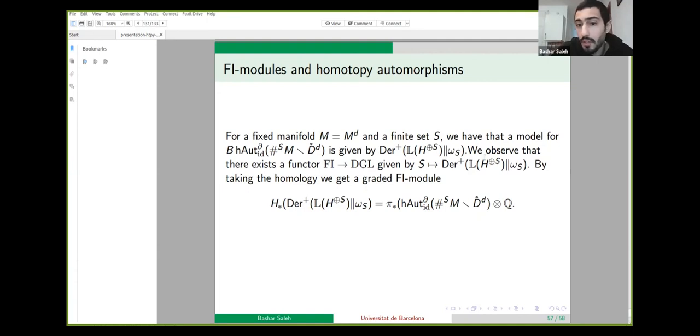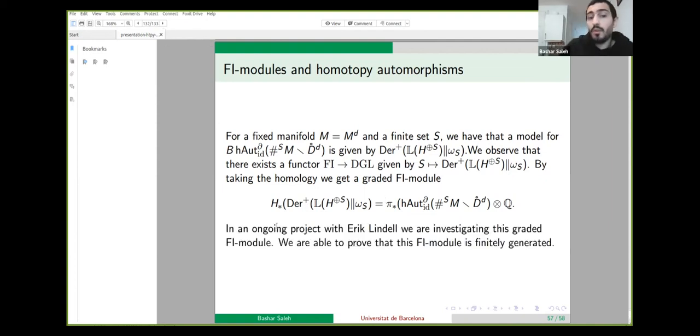This is now an FI-DG Lie algebra. Then taking the homology, we get a graded FI module, or FI Q-vector space. Taking the homology is again a functor, and we get that this thing is an FI module.